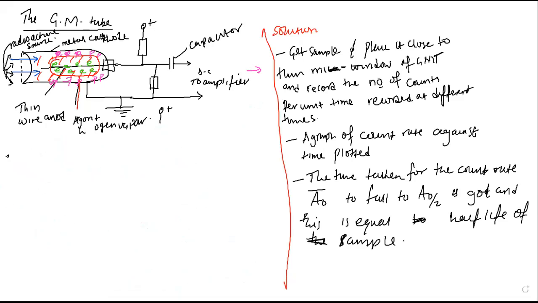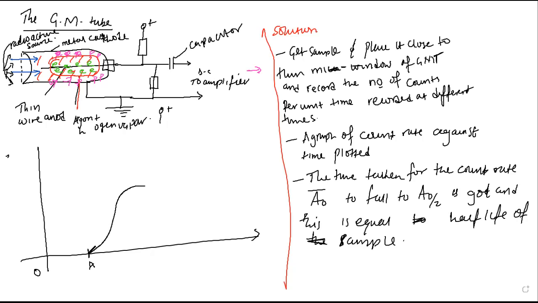The one for the GM tube does not start from the origin. It has a threshold where it's supposed to start. It starts from here. I think that's what you have, isn't it?